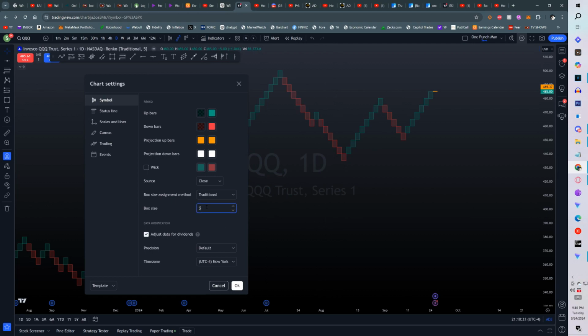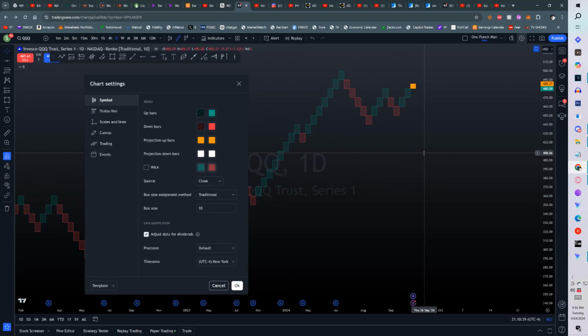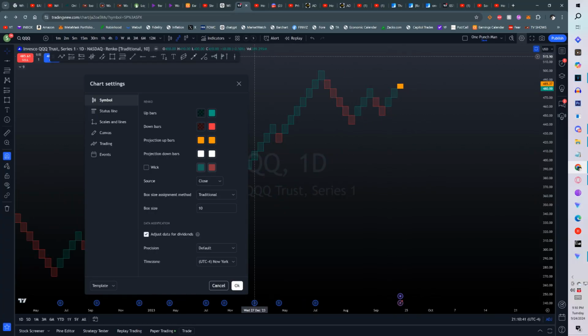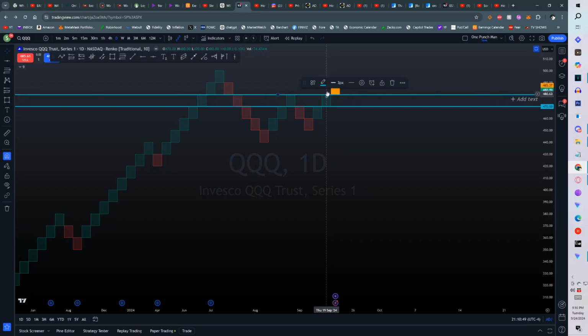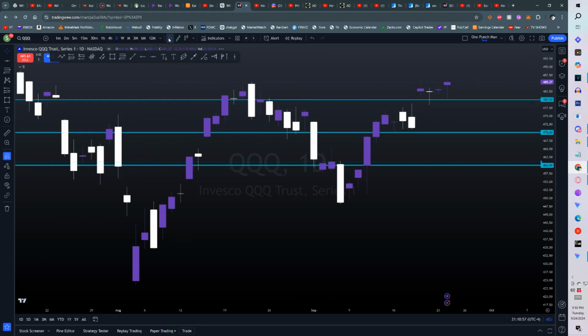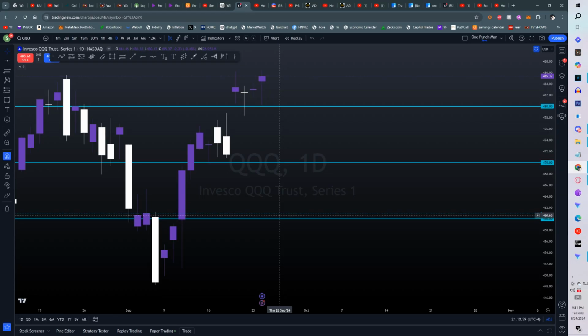So if I change this to 10, for example, you're going to see every $10 a new block is formed. So if I go like this and I draw a line like this, every block will be $10. So you see 460, 470, and such, and then it will be more controlled, right?